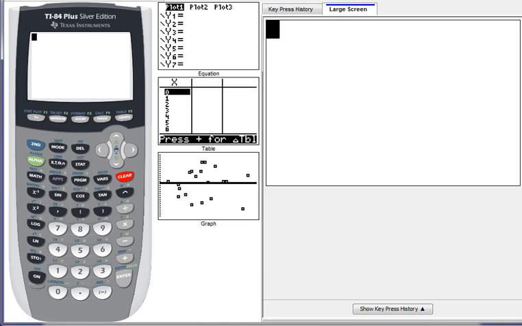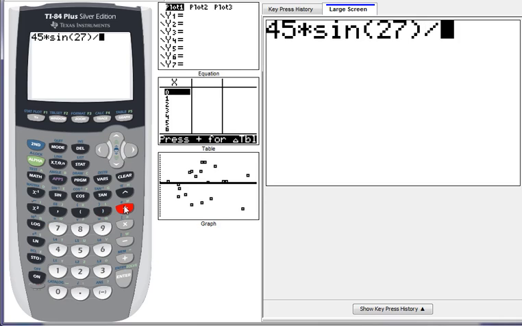So 45 times sine 27. Now pause here. Notice right here we have a parenthesis. You need to close that parenthesis, otherwise you're going to get a wrong answer.